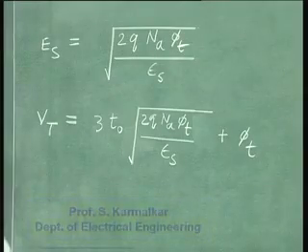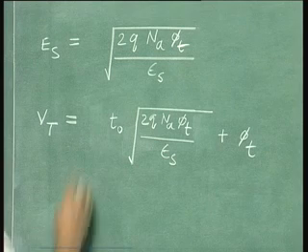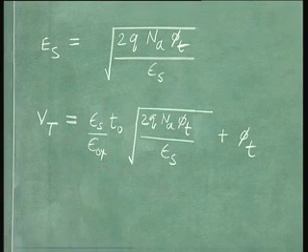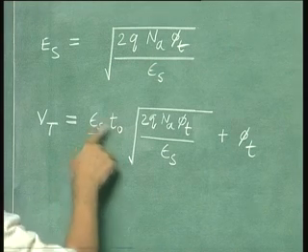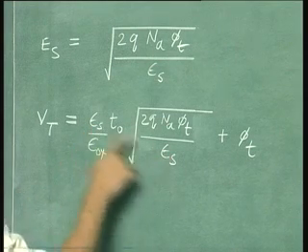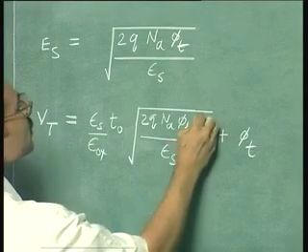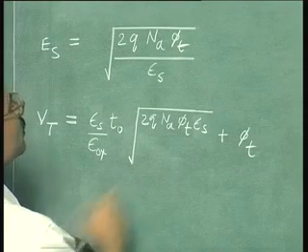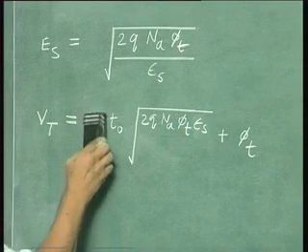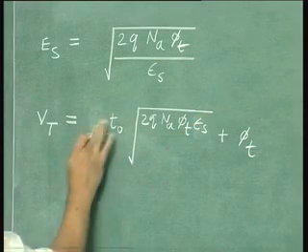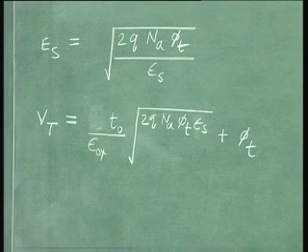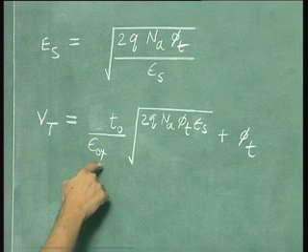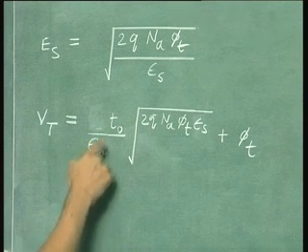So we can simplify by writing this 3 as epsilon s by epsilon ox, and then we can cancel these terms and shift this epsilon s to the numerator, and now epsilon ox by T naught we know is the so called oxide capacitance C naught.